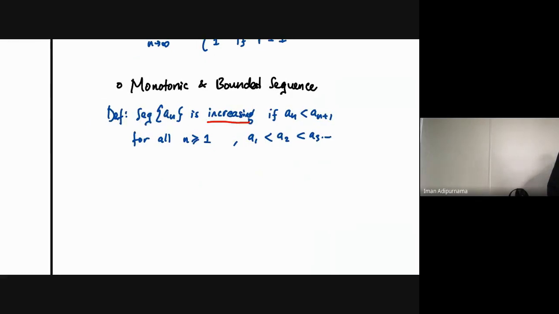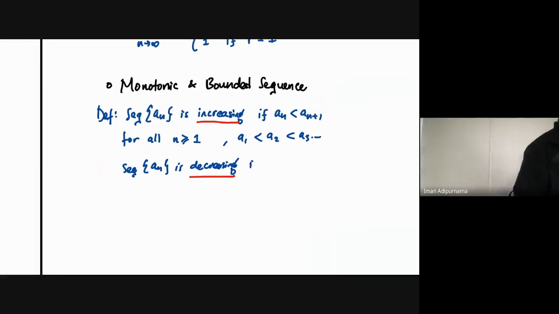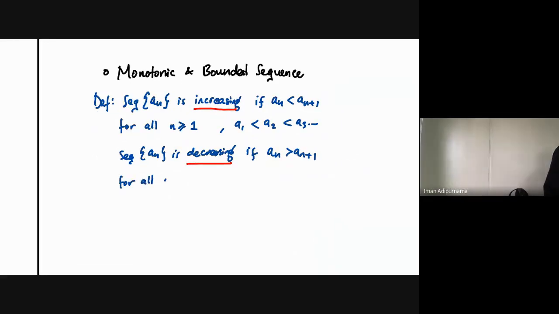And a sequence a_n is decreasing if a_n is greater than a_(n+1) for all n greater than or equal to 1.